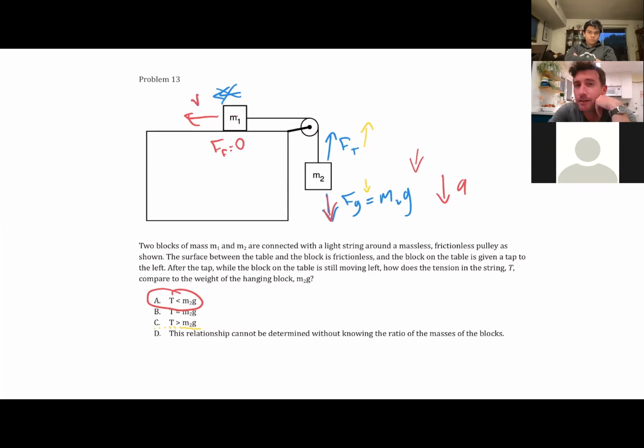I apologize. I need to do some thinking on this one in terms of why it feels right to me. A feels right to me. Checking the key, A is listed as the correct answer. My gut feeling is that there has to be an acceleration downwards, that mass 2 will end up pulling downwards and speeding up as it pulls downwards.